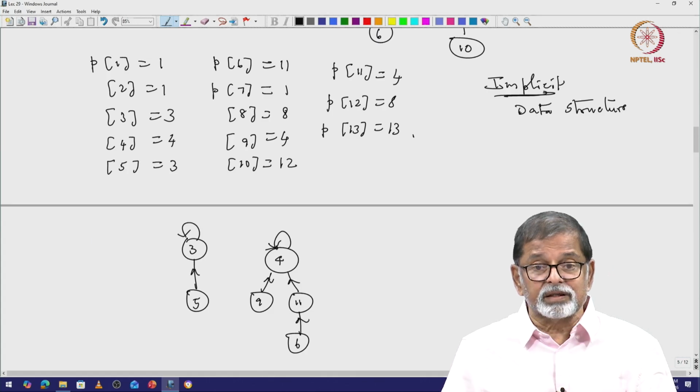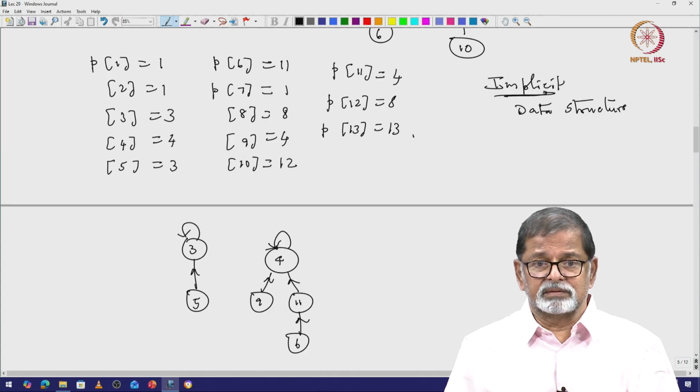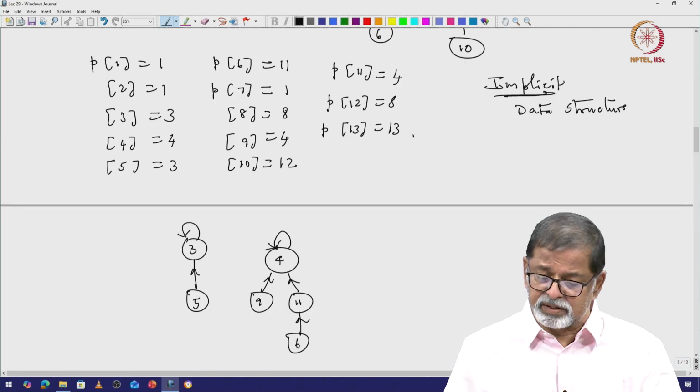These are the two sets I have pulled out from the example and written here.